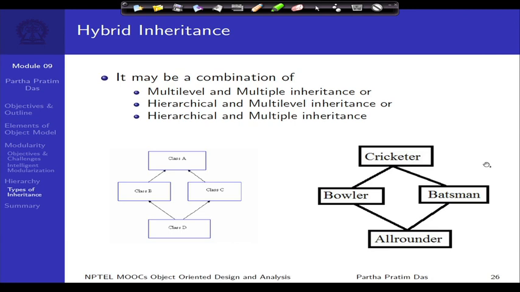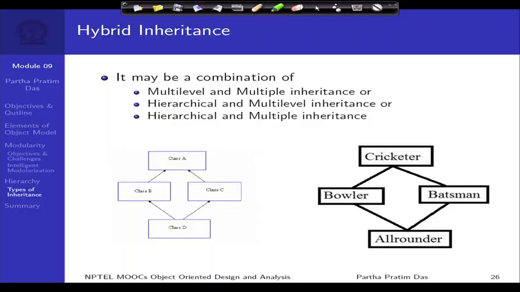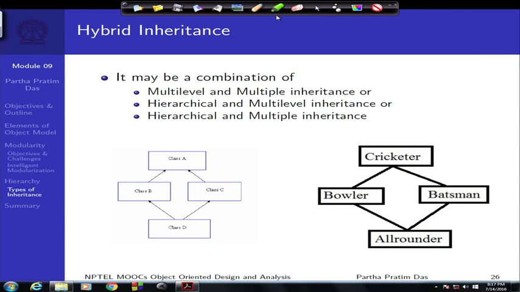Now, in reality, often you will not have pure single inheritance, multi-level inheritance, hierarchical inheritance or multiple inheritance. You will typically have a mixture of them, and therefore often you will have a situation of hybrid inheritance, as you can see here. In this hybrid inheritance you have a more pure form of hierarchical inheritance here, a more pure form of multiple inheritance here, and if you look into this part of the structure, then you have multi-level inheritance.